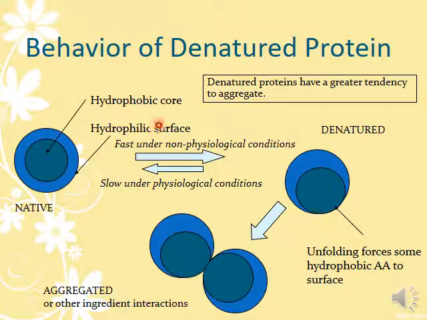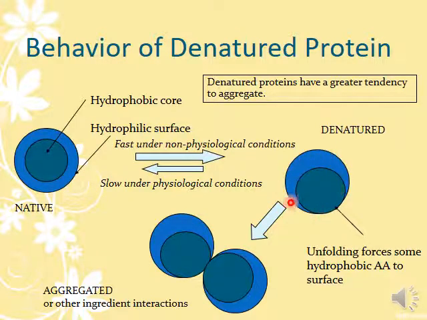Denaturation means it undergoes either non-physiological conditions, for example, addition of acid, addition of alkaline, or a denaturing agent, or physiological conditions like mechanical action, whipping, or cooking. The hydrophobic core will resurface, or will be introduced to the surface.